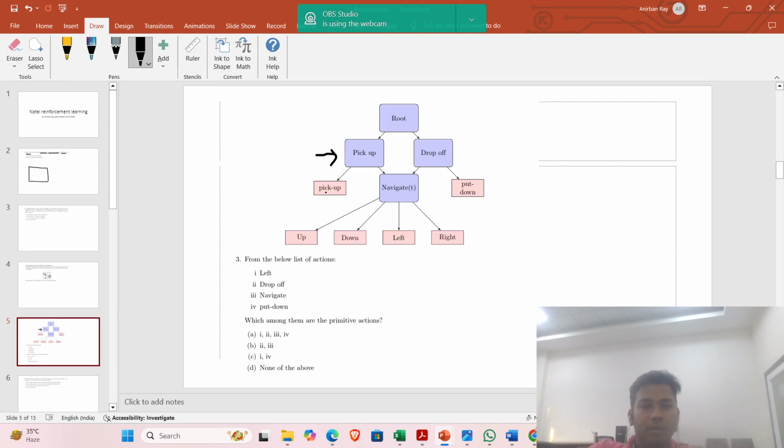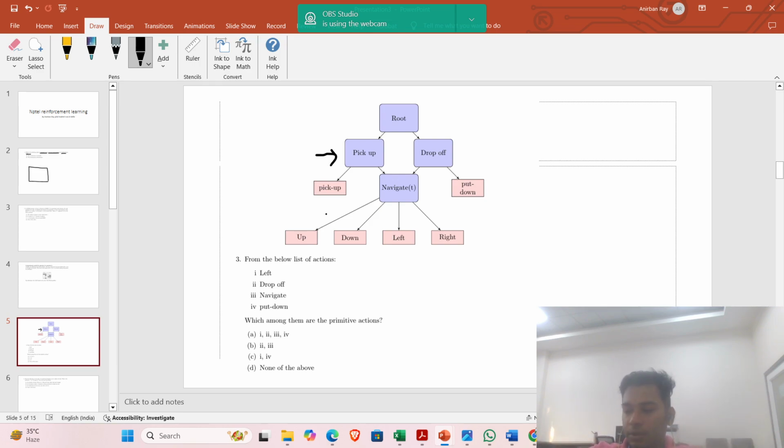So this is composed of several smaller actions. Pick up, down, left, right, put down are the primitive actions, and pick up, drop off, navigate, as a whole achievement, are the macro actions, or cumulative actions, you can say.